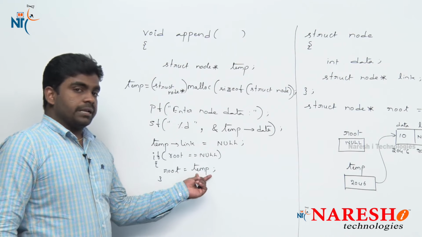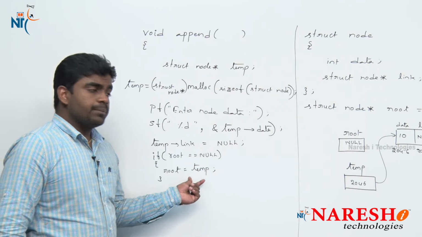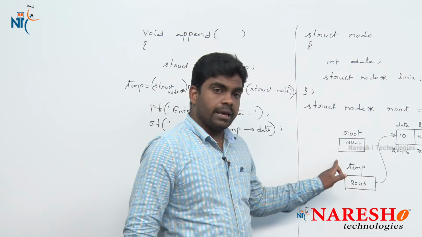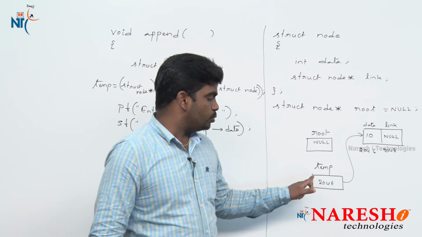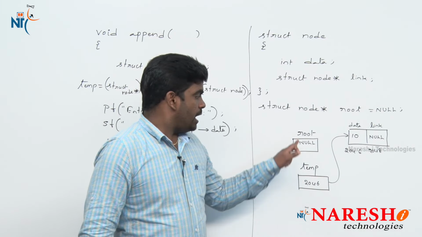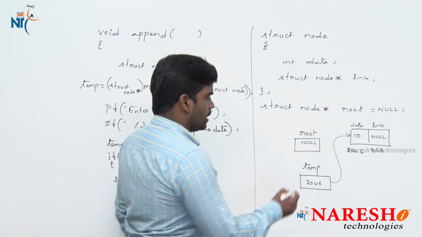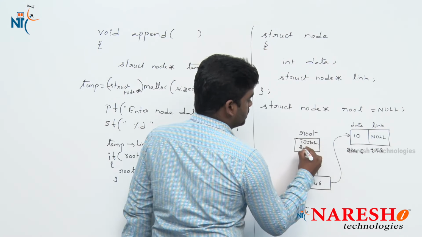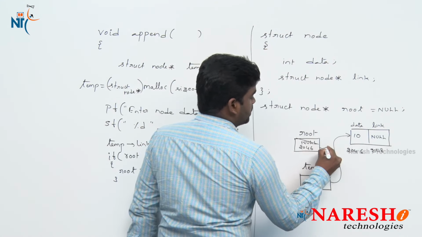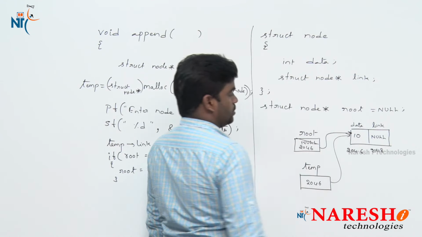What is the temp value? Observe here clearly: the temp value is 2046, and we are storing it into root. Root was null, and now we are replacing it with temp. So it starts pointing to the first node.